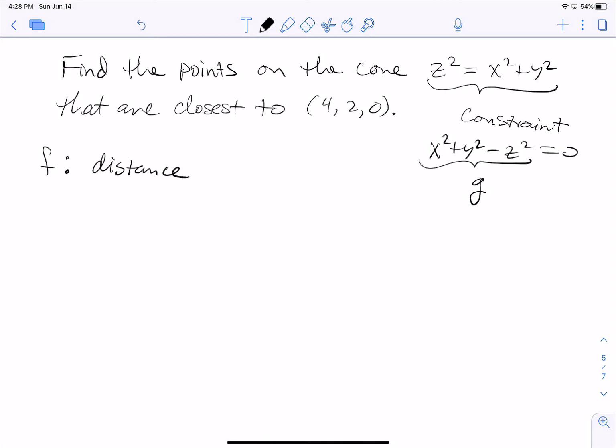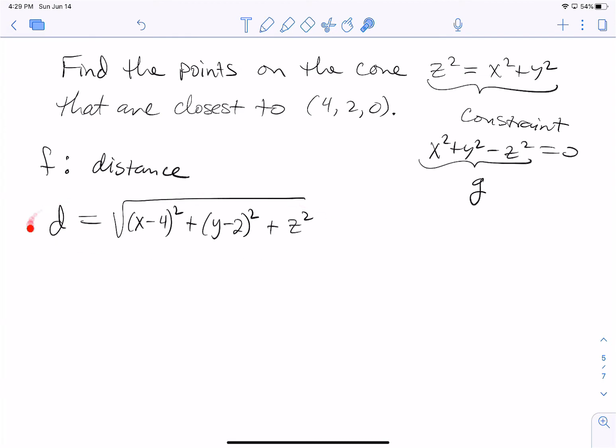And we know that the distance between 2 points in space is given by the square root of x minus x1, so x minus 4, the quantity squared, plus y minus y1, so y minus 2, the quantity squared, plus z minus z1, which is 0, the quantity squared.